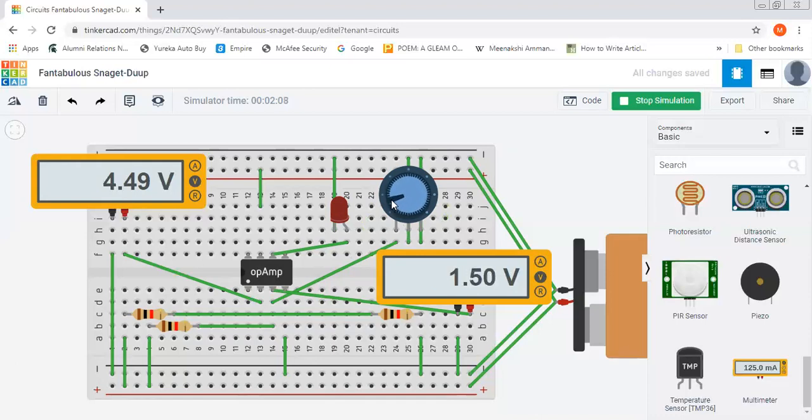But as it becomes night, voltage at the non-inverting terminal becomes more than the voltage at the inverting terminal, and due to that, the output of the op-amp becomes positive voltage, and that results in glowing of the LED.